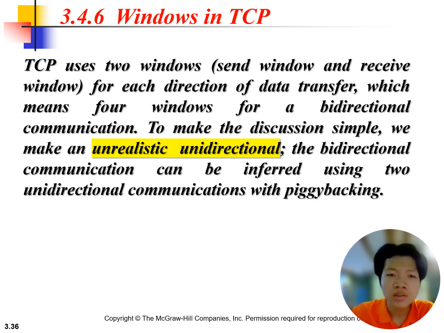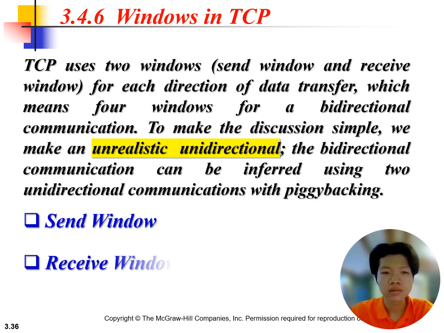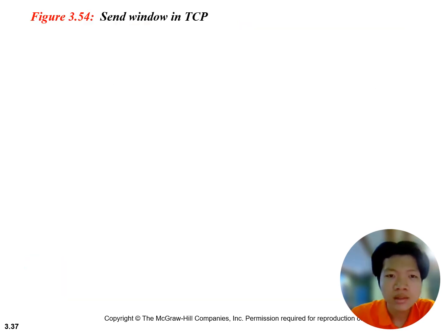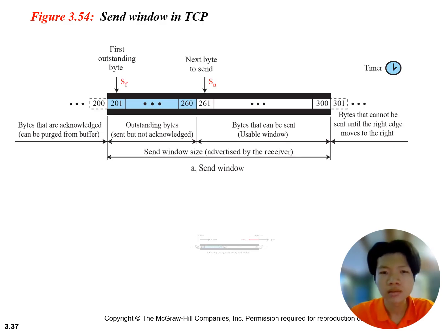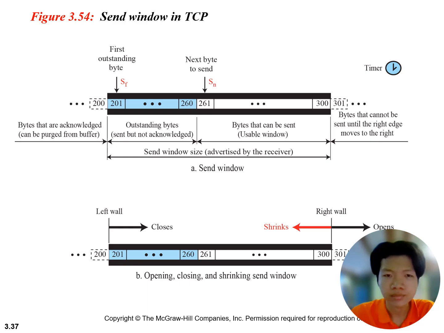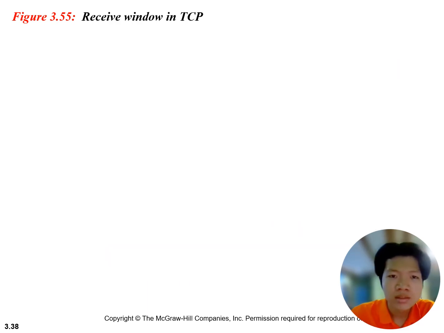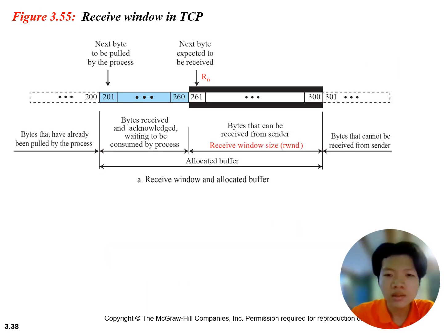The bidirectional communication can be inferred using two unidirectional communications with piggybacking. And here is a figure of the send window in TCP and the receive window in TCP.